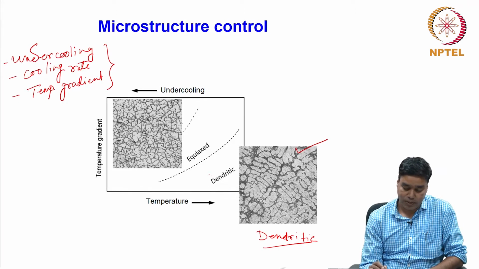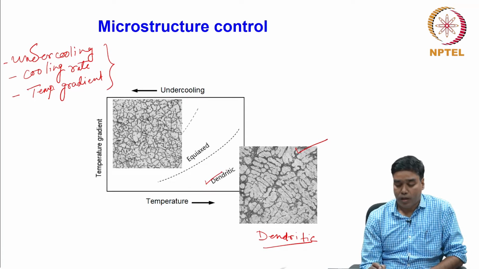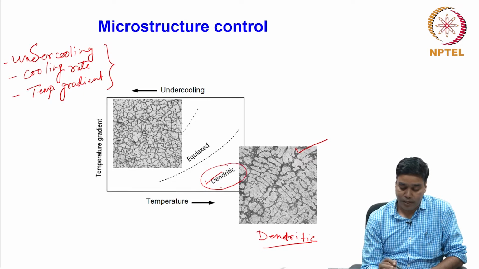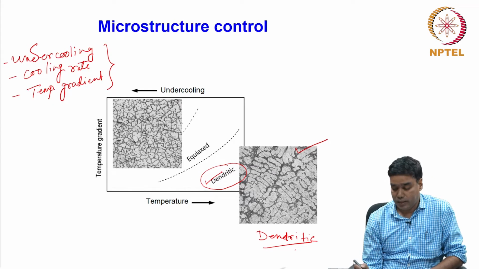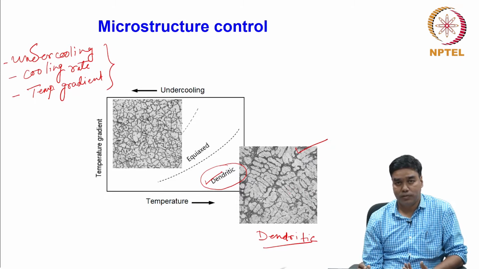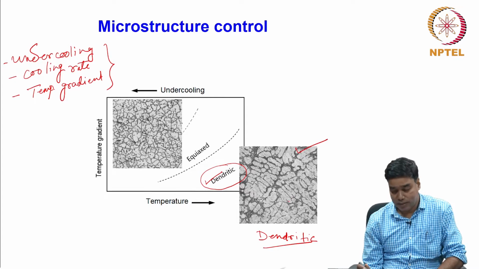Okay. So, this corner, the conditions which prevail here in this corner, that would lead to a dendritic microstructure. Okay. And what are the different attributes of this microstructure, and also some of the issues related to this kind of microstructure, that also we have discussed.